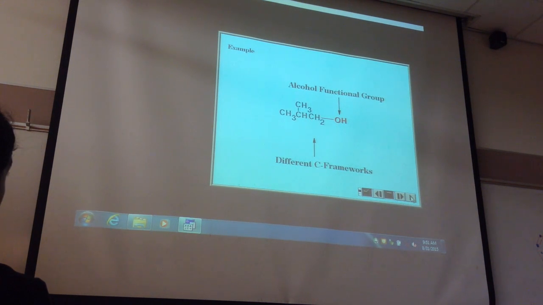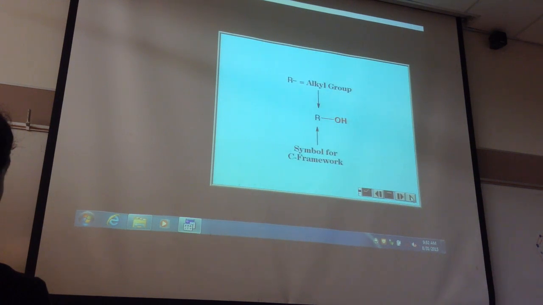Every time they keep changing, the name will change, right? Everybody can see that they're very different, and the name will of course be changing if we keep doing any of these things. So let's take a look. That R is always going to be called your alkyl group. So your alkyl groups will be named by the letter R.